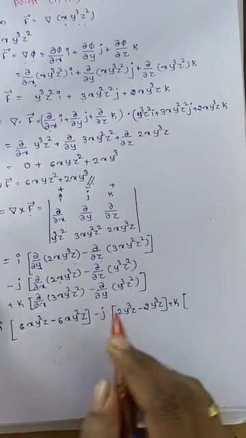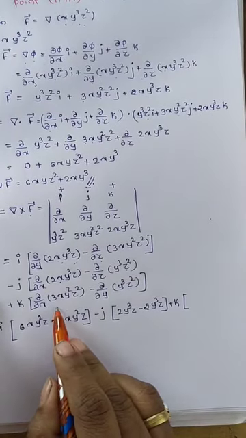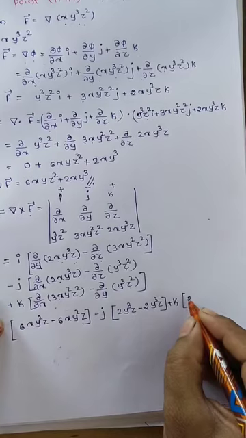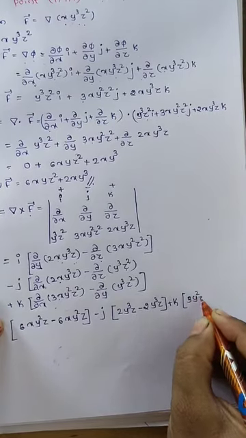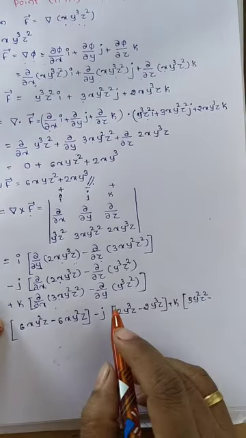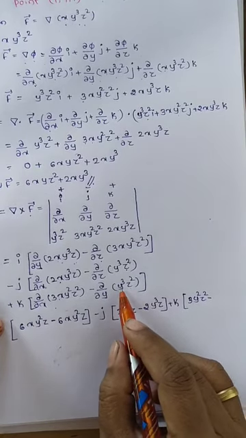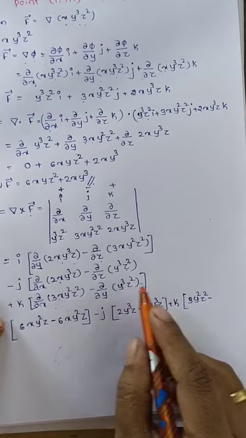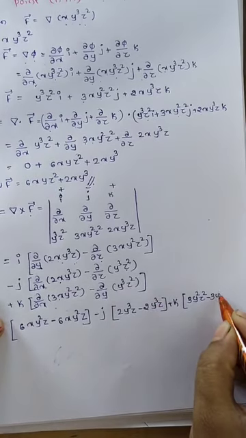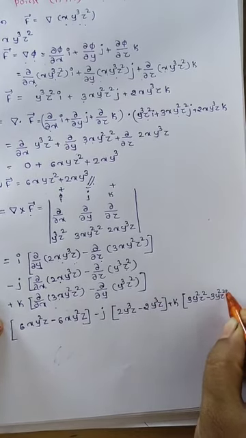Now you have to differentiate with respect to x. x becomes a 1 here: 3y²z² minus ∂/∂y of y³z². y³ differentiation is 3y²z².